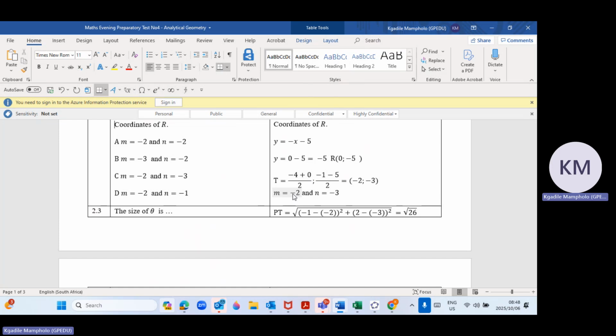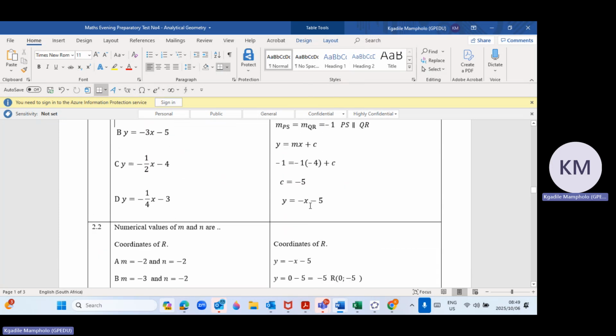Then the y of Q is -1, and the y of R, which we have just calculated, is -5. Then the answer will be (-2, -3). It means m is -2, as it is the x.